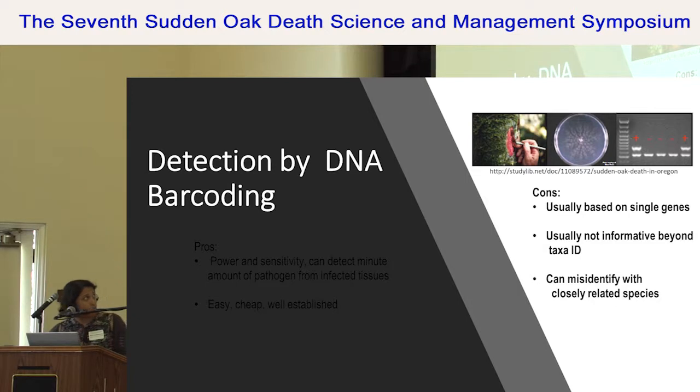The first generation of molecular detection tools used DNA barcoding, which primarily uses universal genes or regions such as the ribosomal DNA ITS region, amplified using PCR. PCR is great because it is highly sensitive, easy to use, and low cost, but it has the issue that we might miss or misidentify closely related organisms.